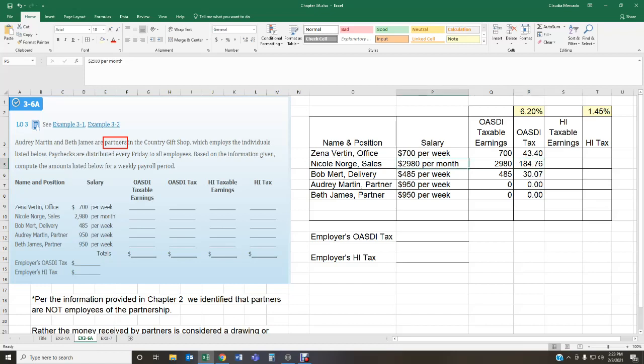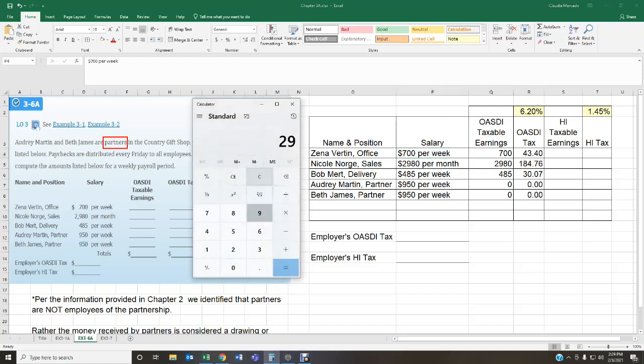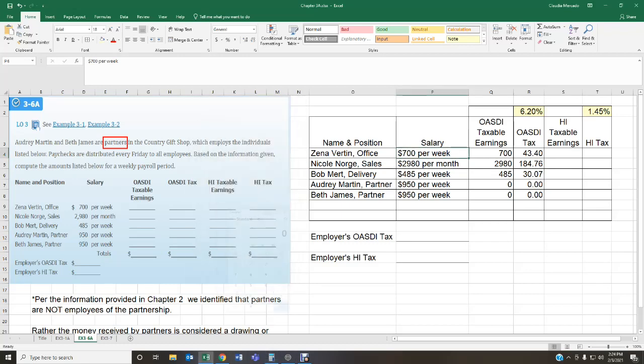Nicole, this employee gets paid per week, but this employee gets paid per month. $29.80 per month. Let's see how much that is. $29.80, and we've got 12 months. Well, that does not make sense.